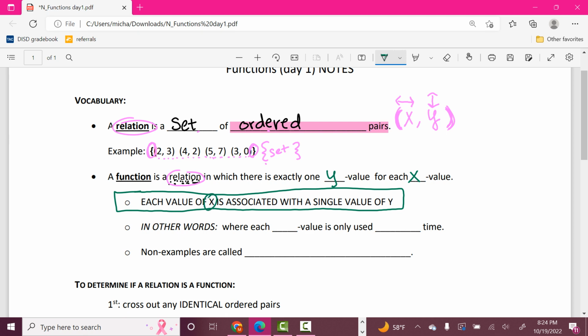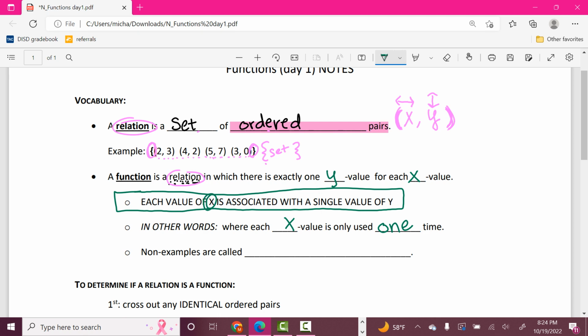So we are only going to look at the x. In other words, every x value is used just one unique time. When I say unique, I mean it's used once with its own individual y value. It doesn't have any other y values.